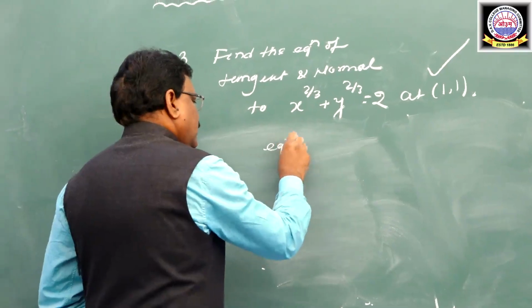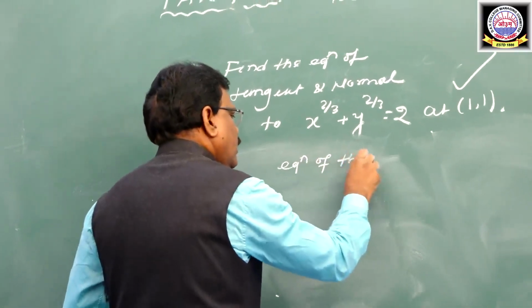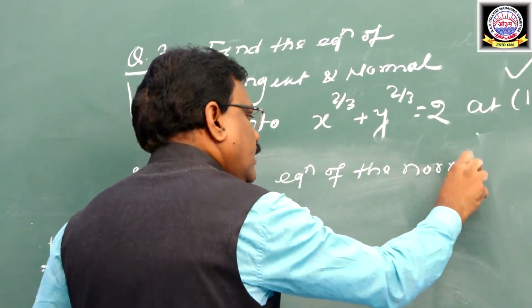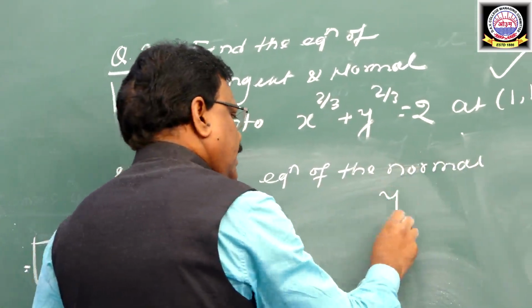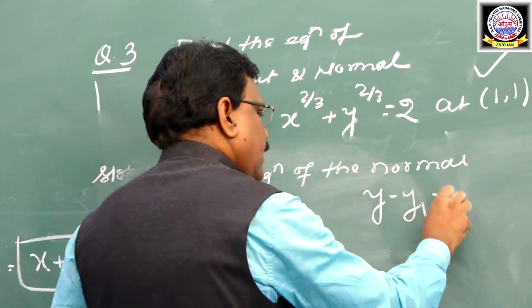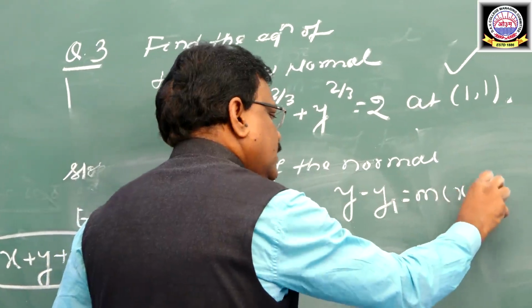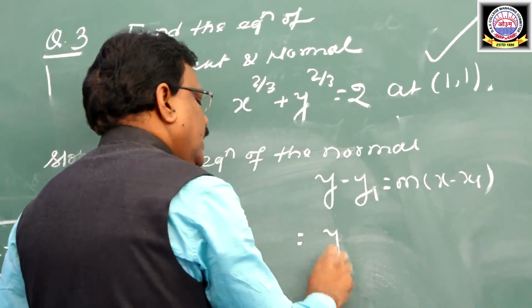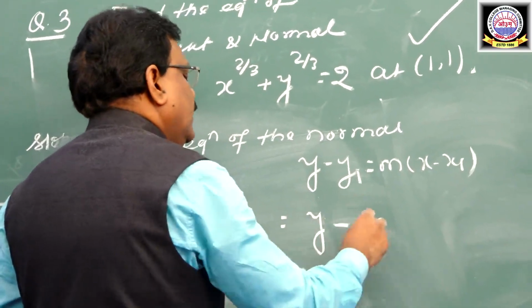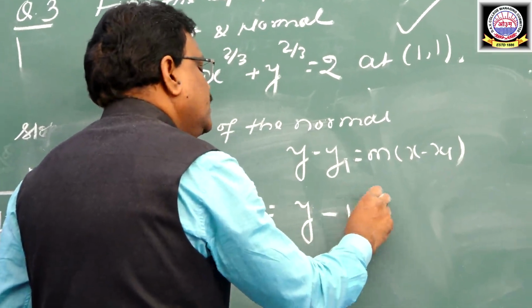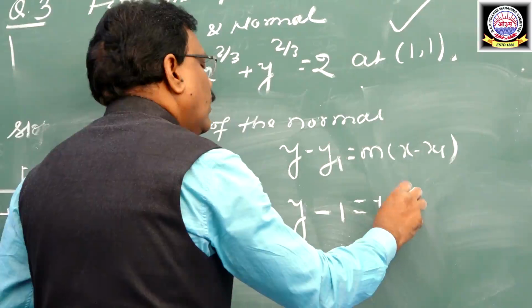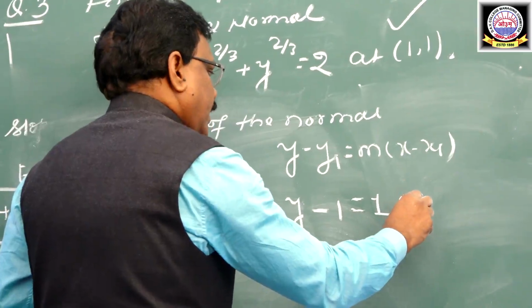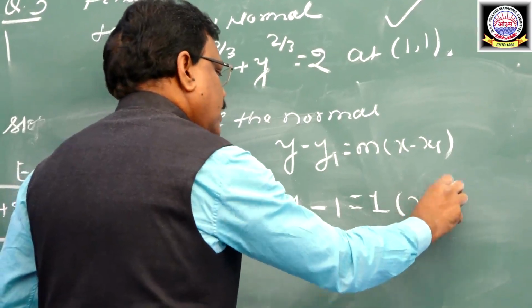So equation of the normal, same, y minus y1 is equal to m into x minus x1. Again the y1 value is 1 and the slope is here 1 and x minus 1.